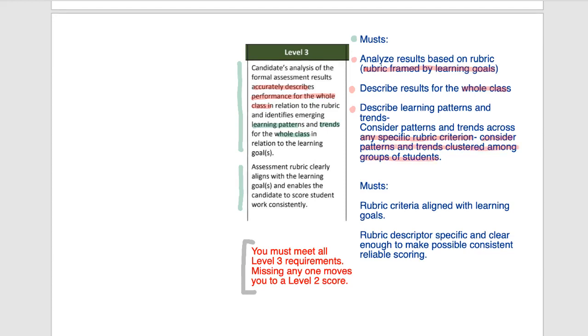So you can imagine after you've built your results table, you can say, 7 out of 22 of my students were able to do this, or 15 out of my 30 students were not able to do this, and each one of those descriptors is related to a specific rubric criterion which points to a learning goal. All right, let's take a look at the second block.